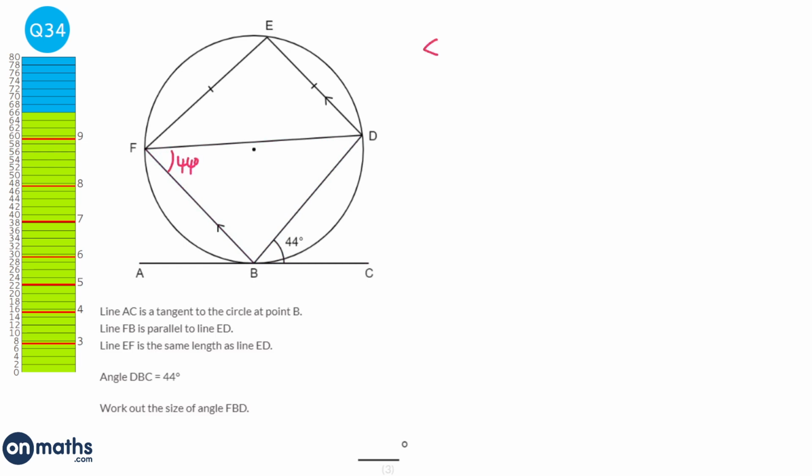So angle BFD equals 44 degrees, and the reason you need to give is the alternate segment theorem, and you have to use those words, otherwise you won't get the marks.